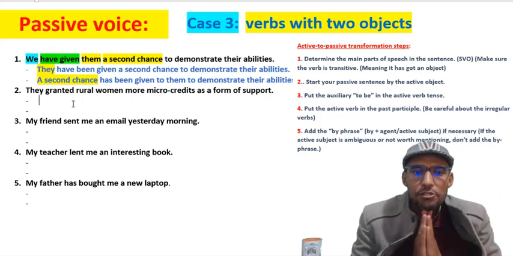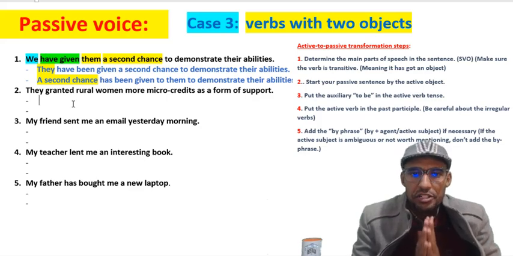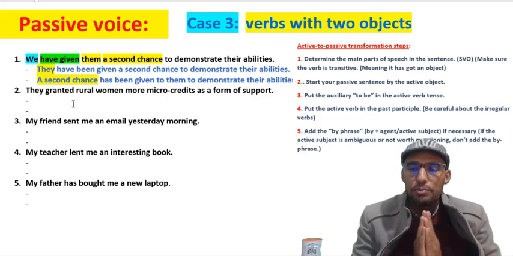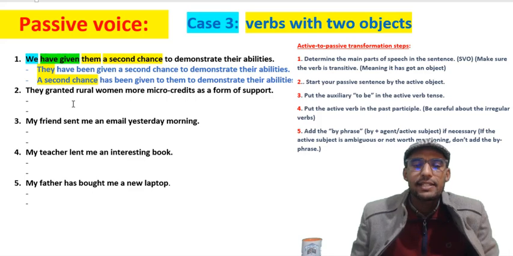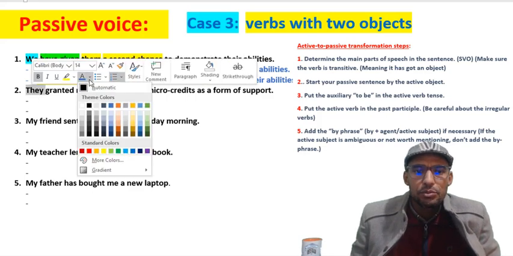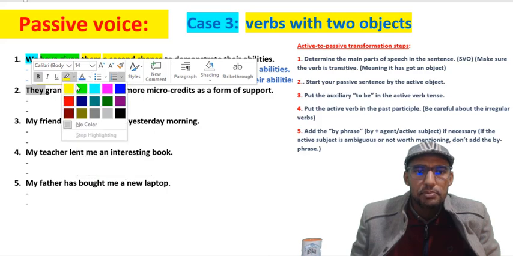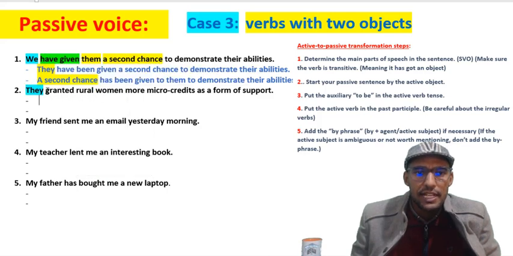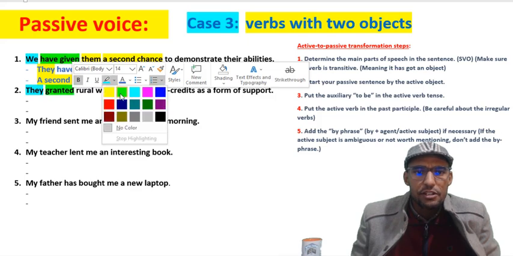Let's move to case number two, guys. "They granted rural women more microcredits as a form of support." Again, let's start with our first step: we determine the basic parts of speech. This is the subject. Granted here is, as usual, the verb.